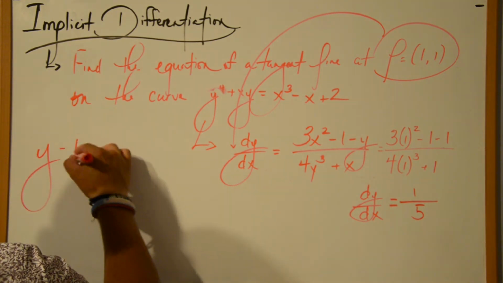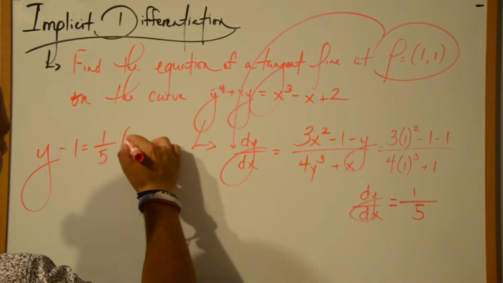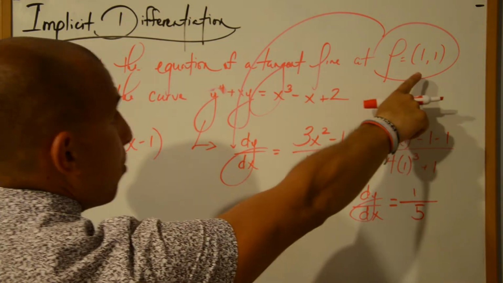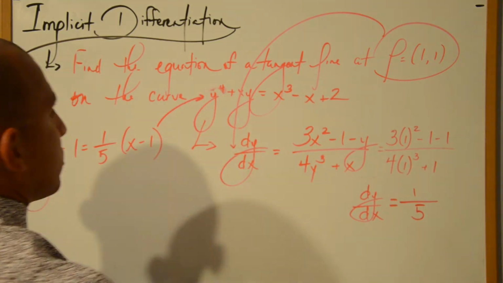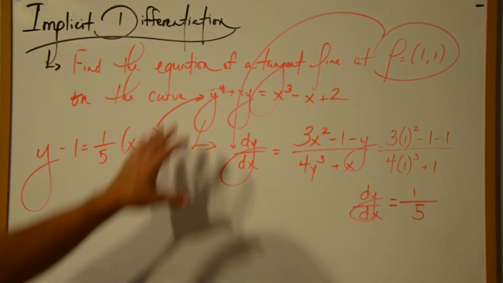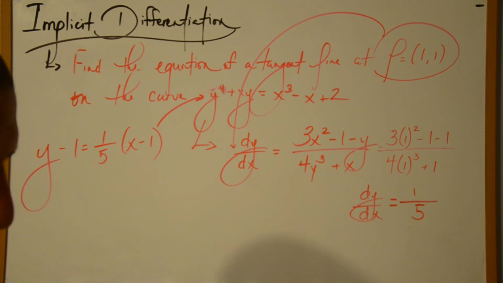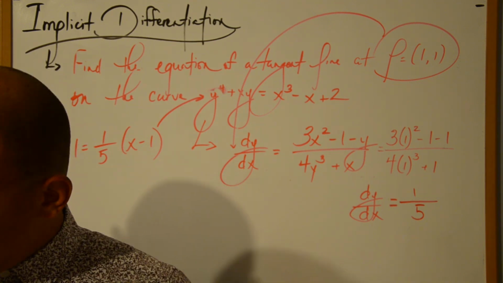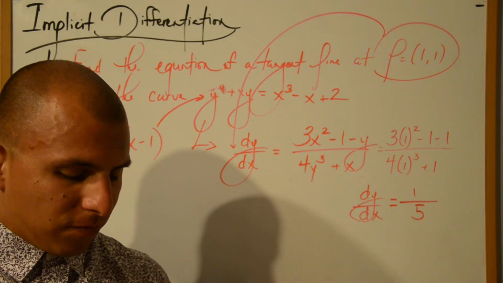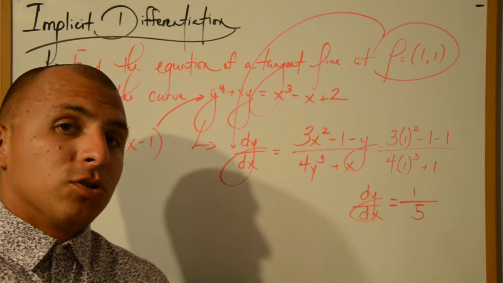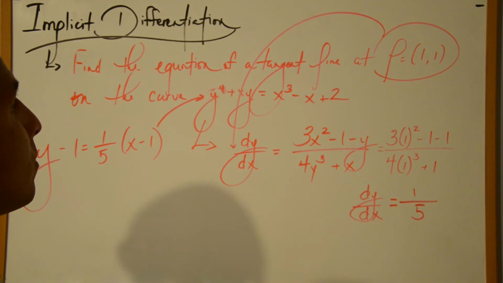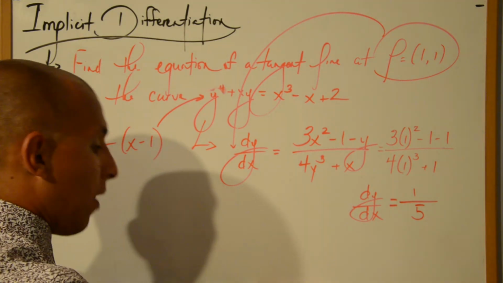Thus, our tangent line at the point 1, 1 of this implicitly defined curve is this linear function. If you want to turn that into slope-intercept form, that's just algebra 1, but I will conclude at that point.